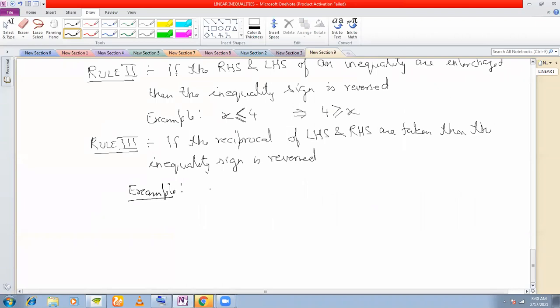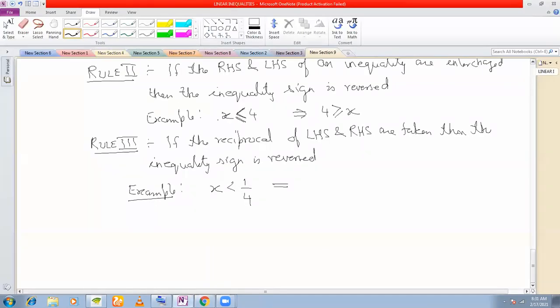if I have, say, x is less than 1 by 4. Now in this, I want to take, say, x as 1 by x, and 1 by 4 as 1 by 1 by 4.